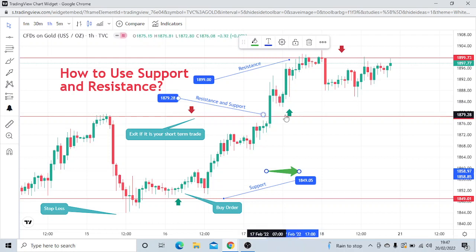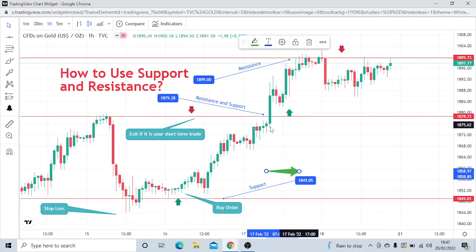It has changed to the support level now, and if you have sold your order at this point, from here you can place another buying order again, and you can keep your stop loss somewhere here, below this resistance level.